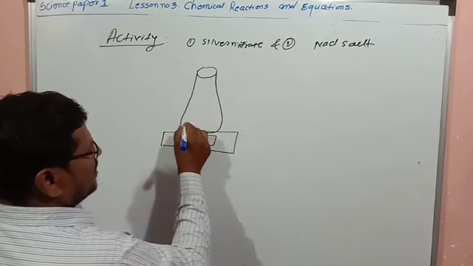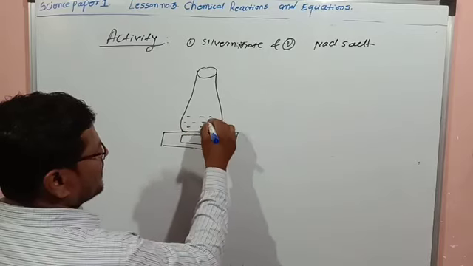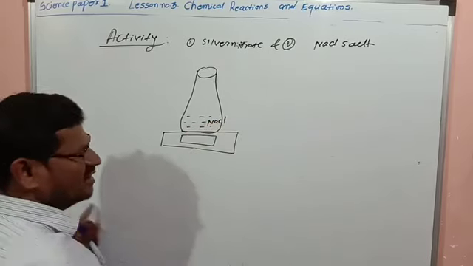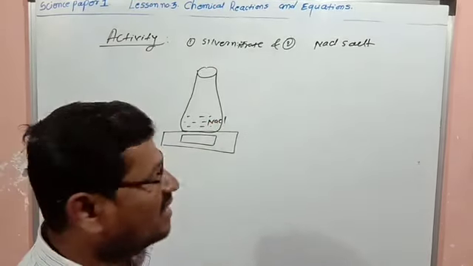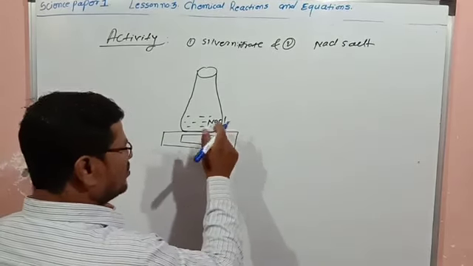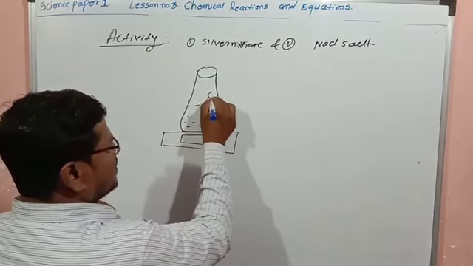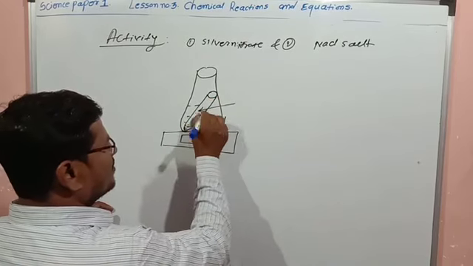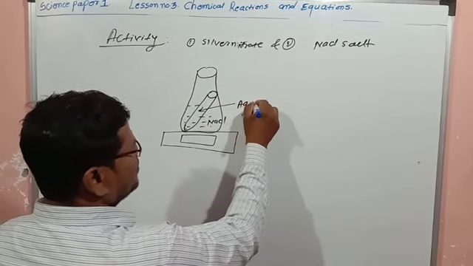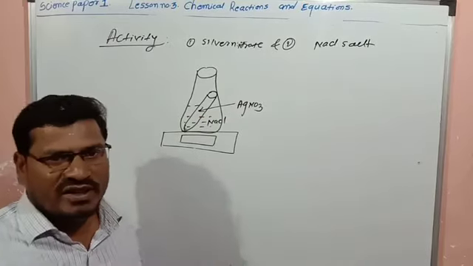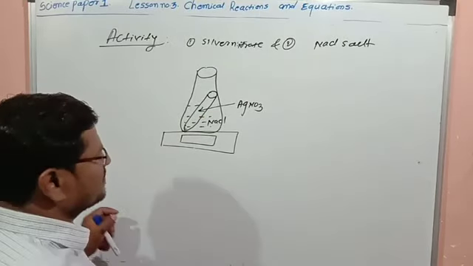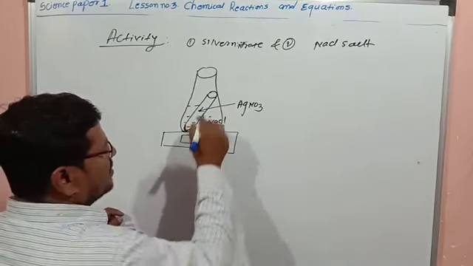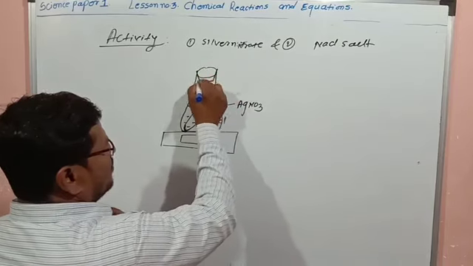In that conical flask you are going to take NaCl, sodium chloride, and in that flask one test tube you are going to place, and in that test tube you are going to take AgNO3. And here you have to fix a rubber cork.